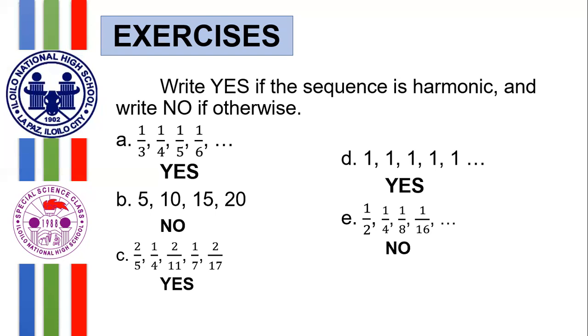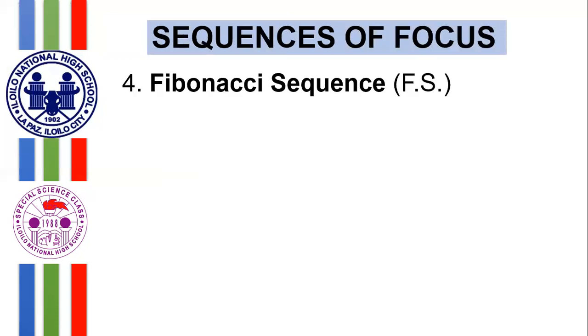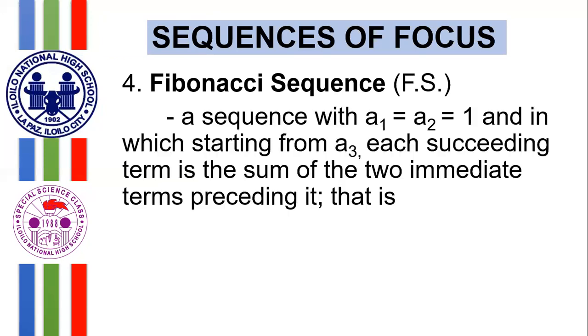And we have one more type of sequence that will be given focus this quarter, and that would be your Fibonacci sequence, denoted by Fs. It is a sequence in which the first and second terms are both equal to 1, and in which, starting from a sub 3, each succeeding term is the sum of the two immediate terms preceding it. That is, if I have 1, 1, then the third term will be 1 plus 1 or 2.